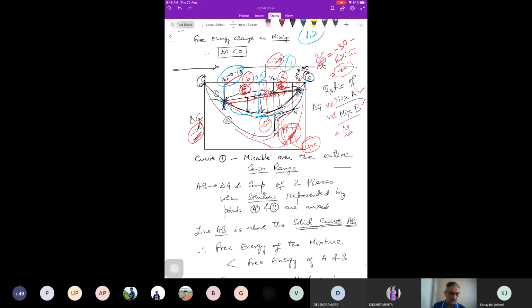Did you understand the difference? In the first case, the mixture delta G is above the curve, it's going to result in delta G negative. In the second case, mixture delta G is below the curve, that's going to result in delta G being positive, and that's going to lead to instability.